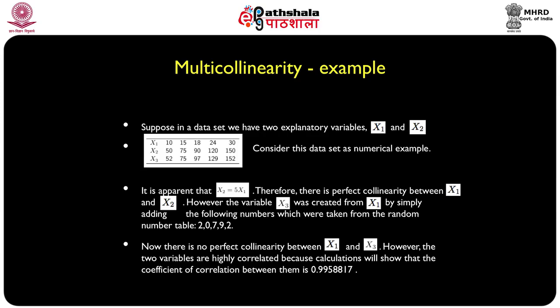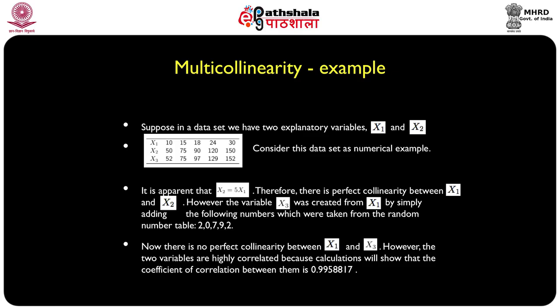Considering this data as a numerical example of the presence of multicollinearity, it is apparent that x2, the second explanatory variable, can be written as 5 times x1. Therefore, there is perfect collinearity between x1 and x2.